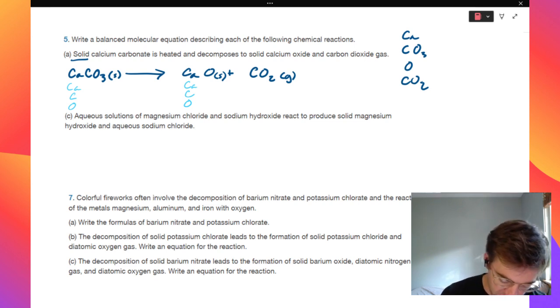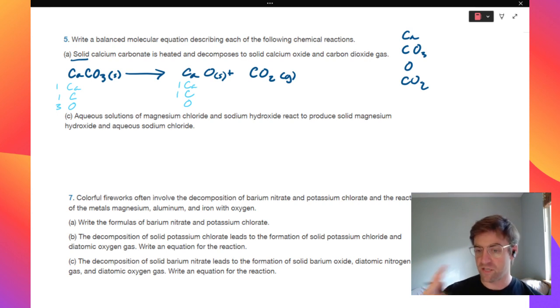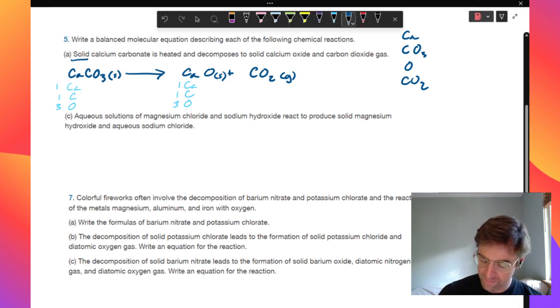So on the left side we have 1 calcium, we have 1 carbon, and we have 3 oxygens. On the right side we have 1 calcium, we have 1 carbon, and we have 1, 2, and 3. 2 because in CO2 there's 2 oxygens, so that's 3 total. So our left and right sides match. This chemical equation is balanced. So let's look at the next one.